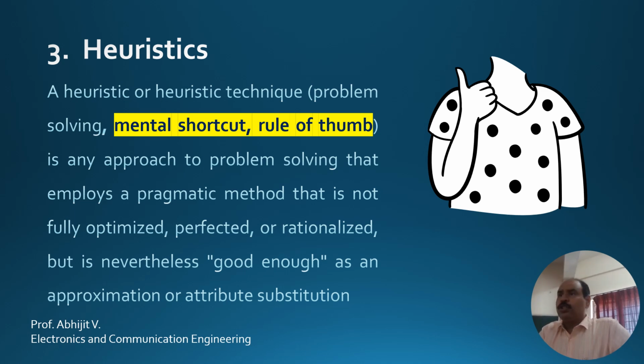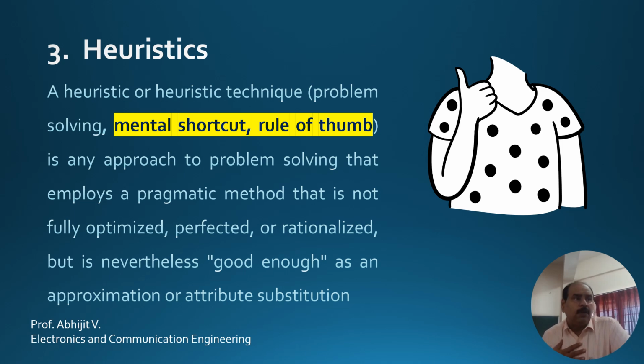The next approach is called the heuristic approach. The heuristic technique of problem solving depends upon your mental shortcut or rule of thumb. It is any approach to problem solving that employs a pragmatic method that does not have any kind of systematic rules or regulations, nothing of that sort.